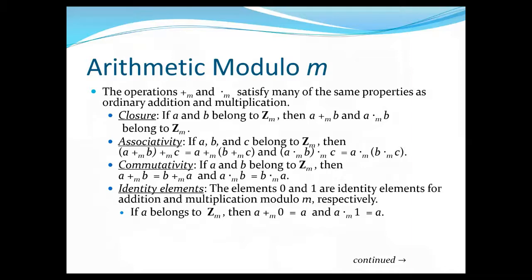For identity, anything added to 0 is still A, and anything multiplied by 1 is still A. A plus modulo 0 is A, and A times modulo 1 is equal to A.